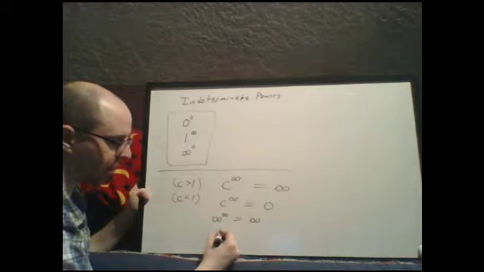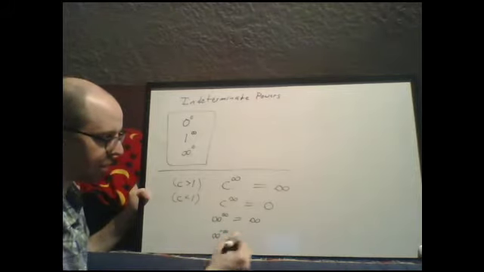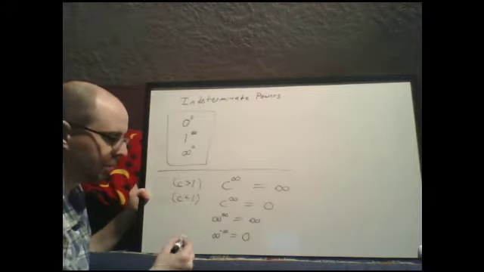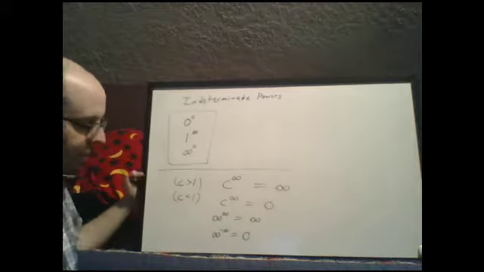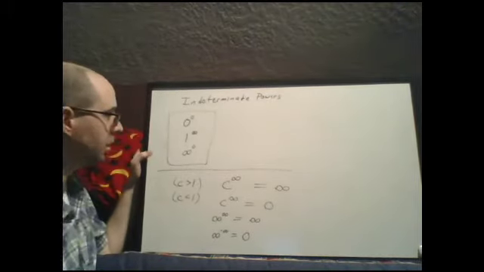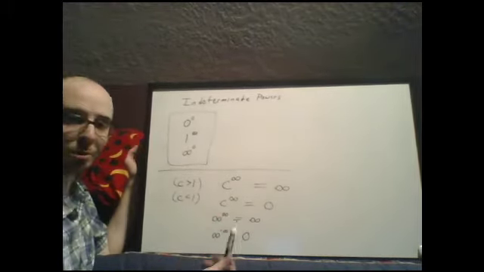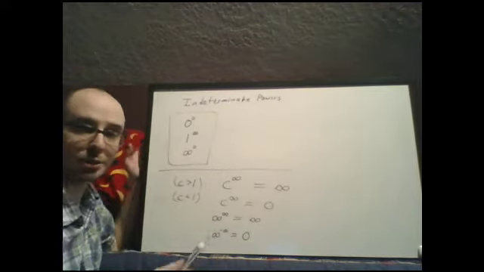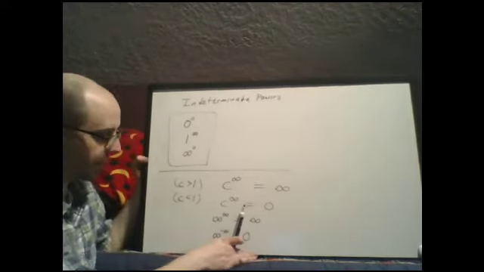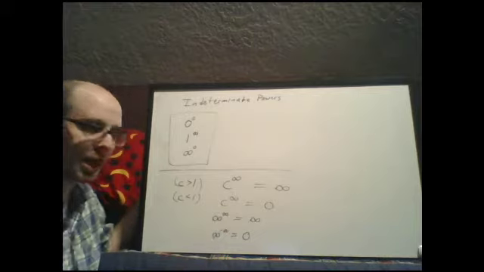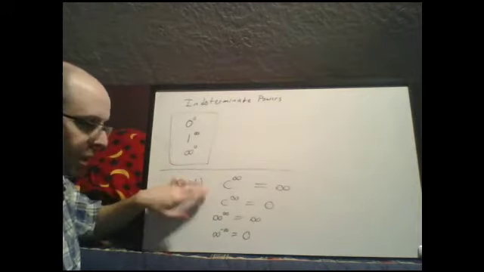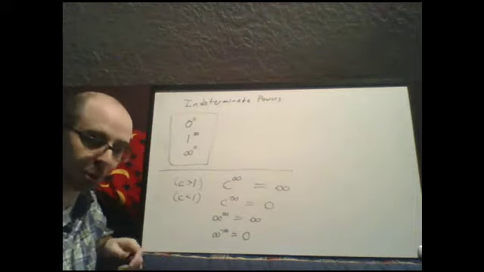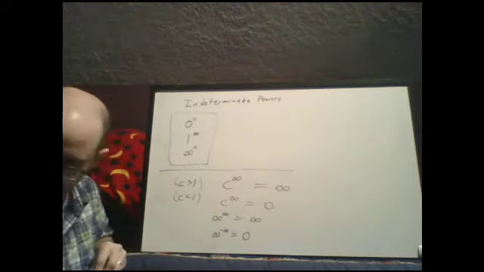Things like infinity to the minus infinity power would be 0, because that negative infinity puts everything in the denominator. Negative exponents put things in the denominator. Anything else to the 0 power other than 0 or infinity is going to be 1. And so on. If it's not one of these three types, any other combination of base and exponent, we can figure it out from the context.